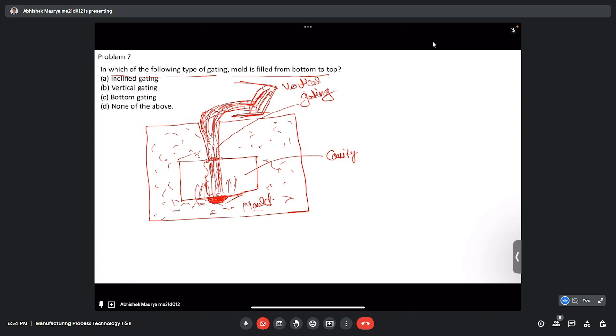There is another configuration. Suppose we have a cavity like this.